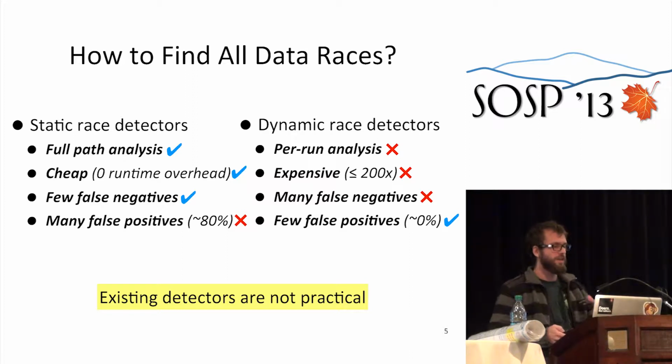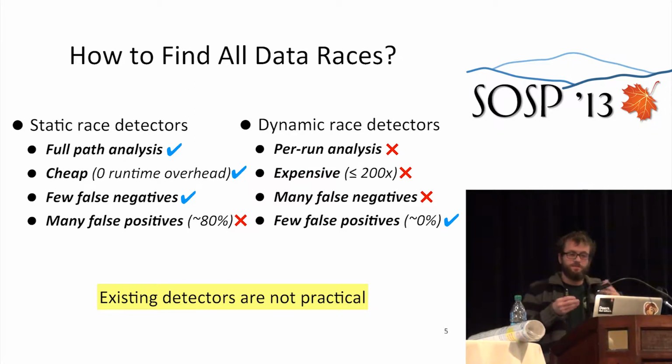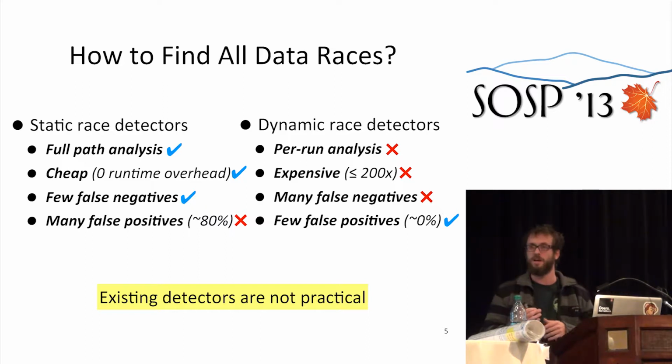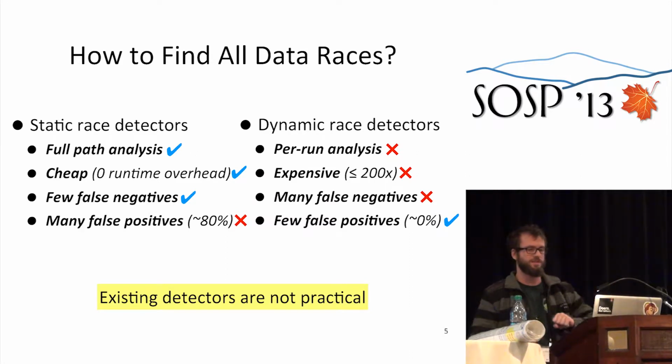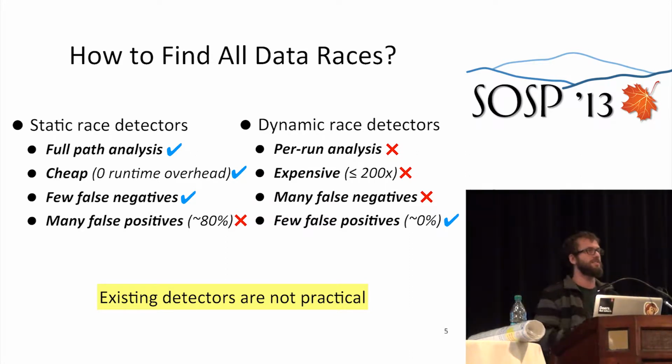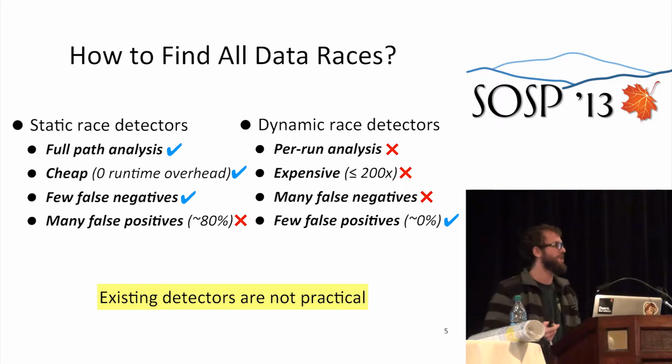On the contrary, dynamic detectors detect data races during actual program runs using a single path at a time, and they typically monitor all memory accesses and synchronization operations. And therefore, they tend to be slow. But because they monitor actual program paths, they have few false positives. However, their analysis is limited to those paths, and they have many false negatives. That is, they miss the actual races.